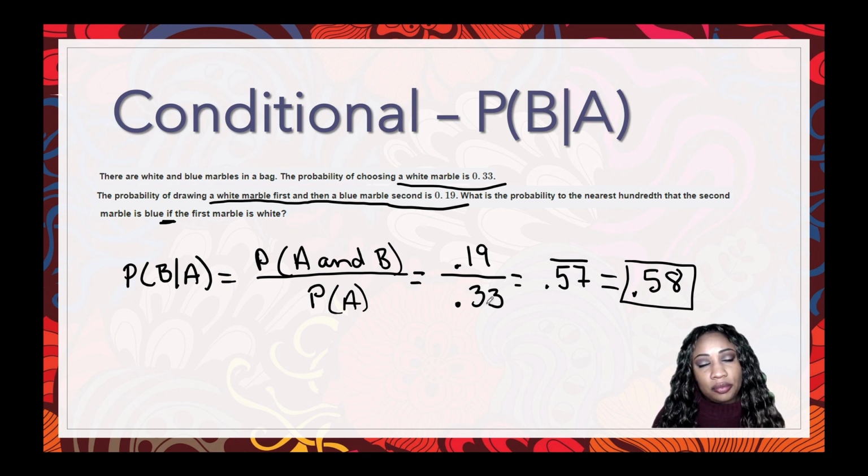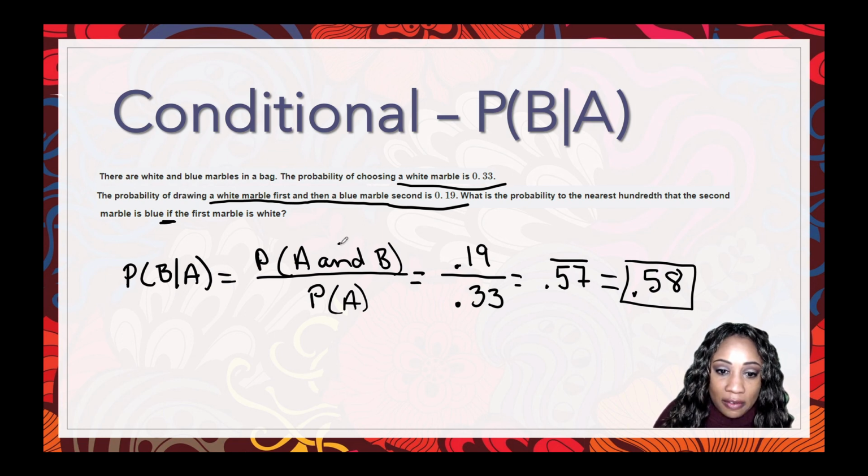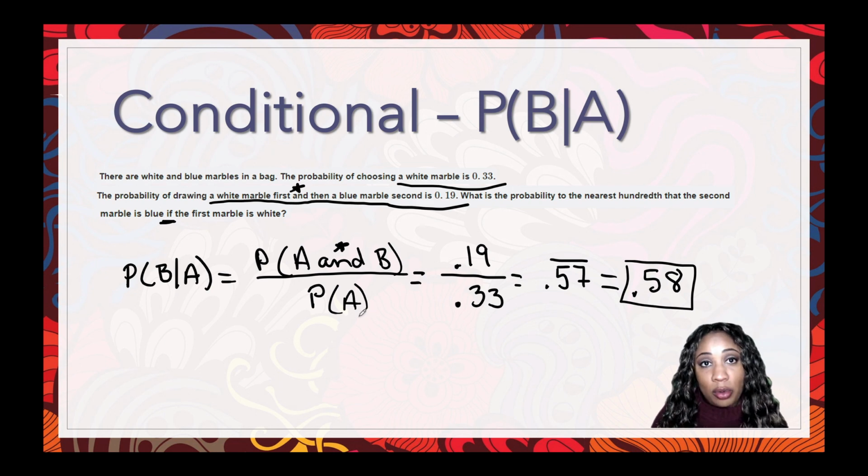Now you might say, Bridget, how do I know whether to put the 0.19 or the 0.33 on the top or the bottom? Think of it this way. First thing, we have this and, right? So you have two things that are happening at the same time. That is going to go on the top.